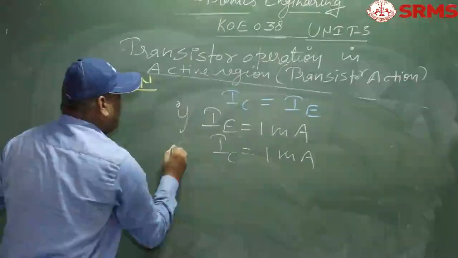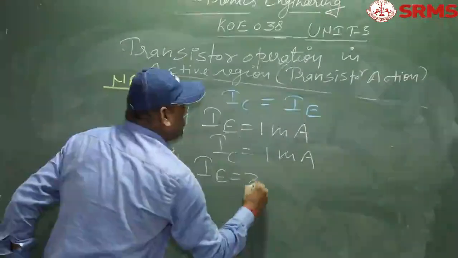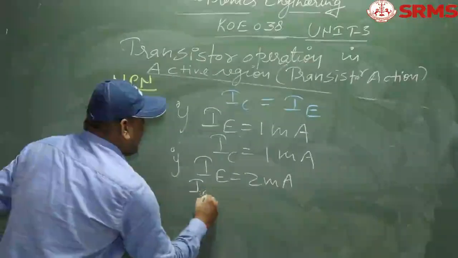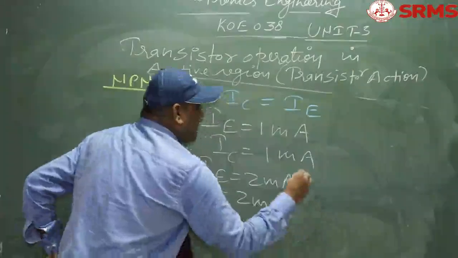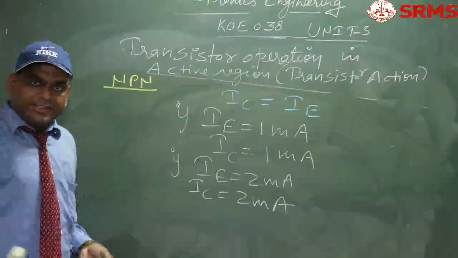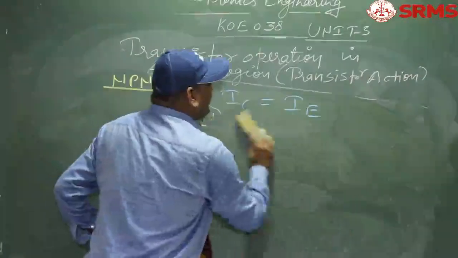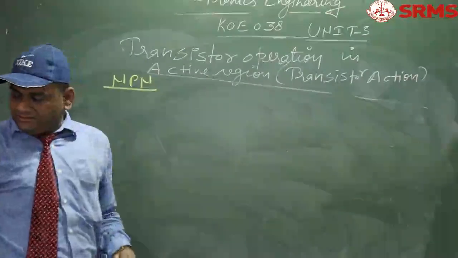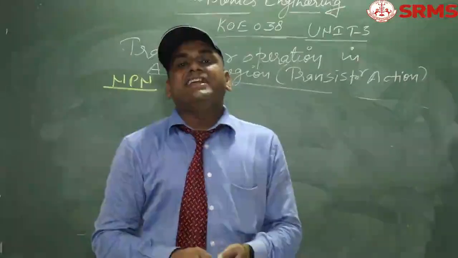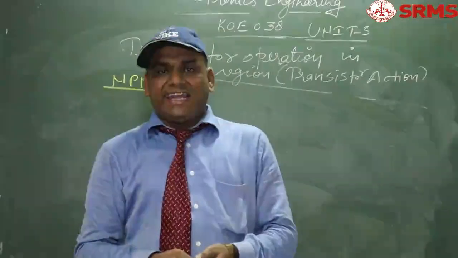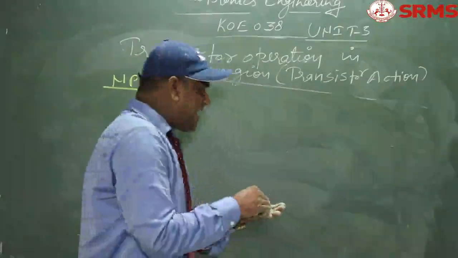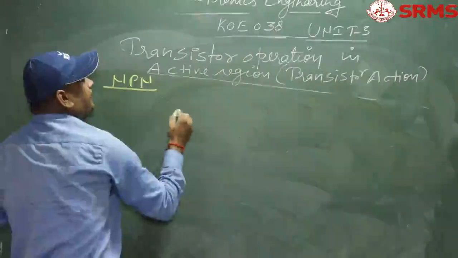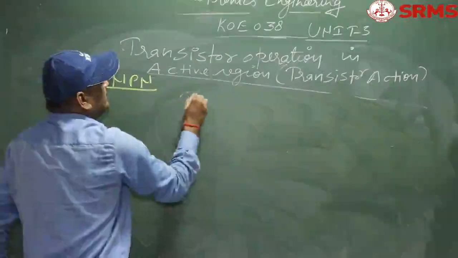If IE is equal to 2 milliampere, then IC is also equal to 2 milliampere. Is that clear to you? So in the active region of operation, you can say IC is always approximately equal to IE.